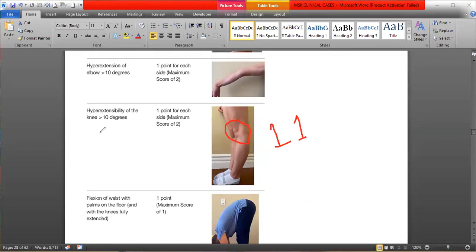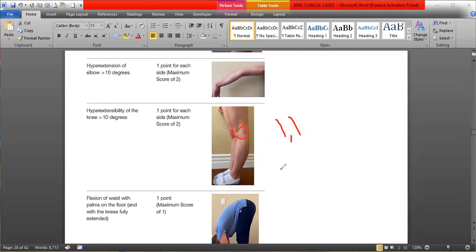Okay, that is more than 10 degrees. It's positive for Beighton scoring. Here, right side and left side 1, 1.